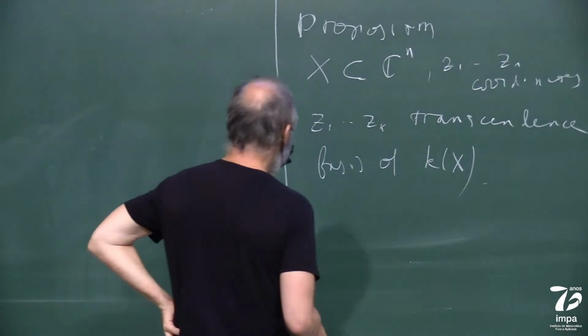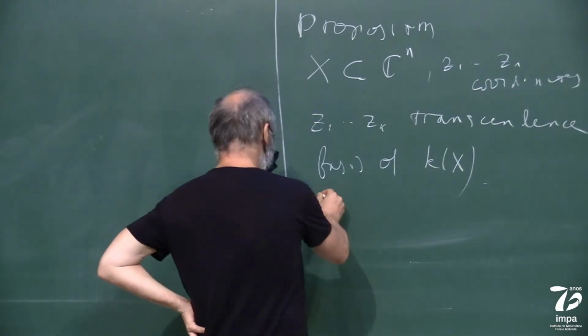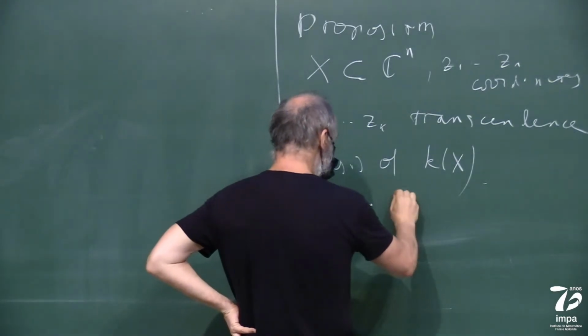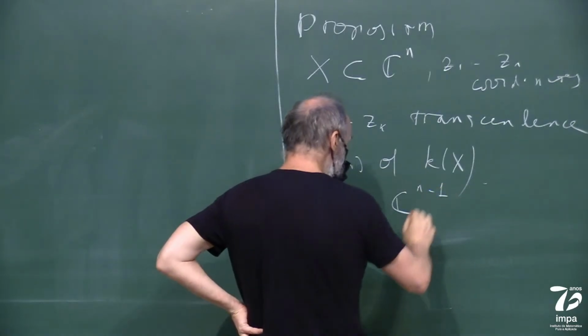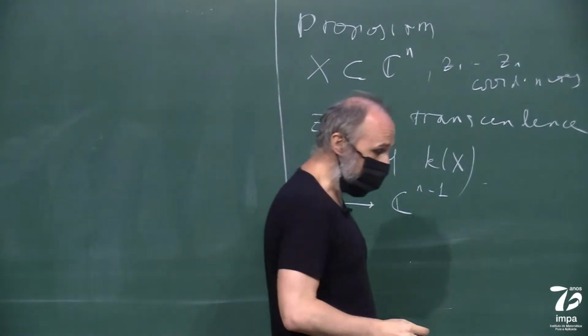And then we have a projection from C^n to C^(n-1). But we do a certain linear change.